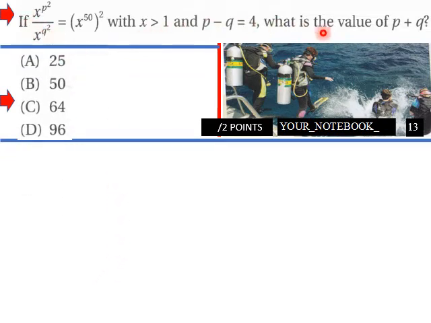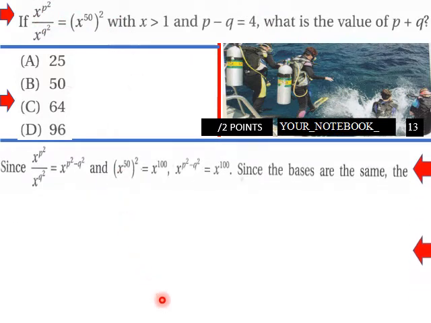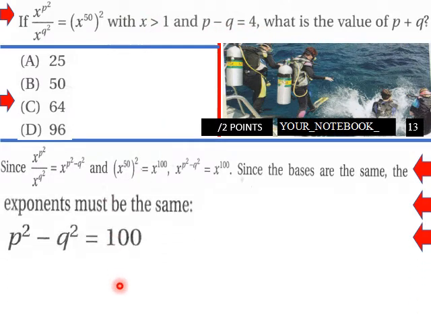So to solve this, what is the value of p plus q? We need to solve for p plus q. We have this here, then we plug in. If x is greater than 1, p minus q equals 4. P squared minus q squared would have to equal 100.